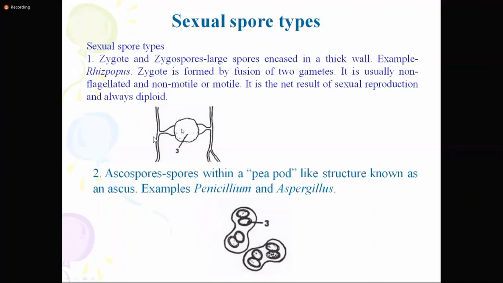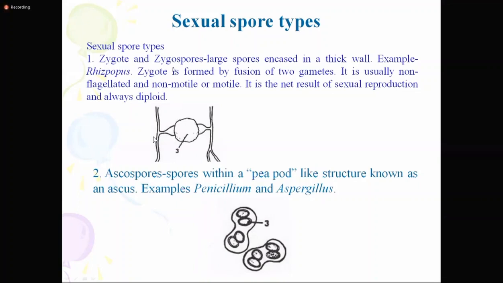Maybe the zygote directly acts as a spore, directly germinating to produce a new individual. And what is zygospore? Zygospore is nothing but spores which form in a zygote. If one or more spores form inside the zygote, then we call them zygospore.